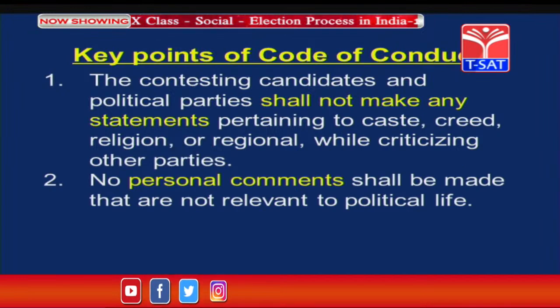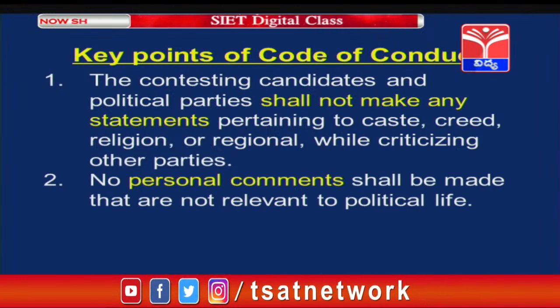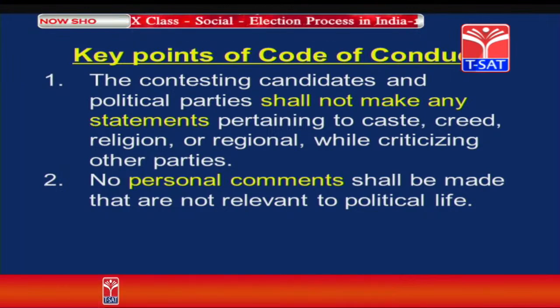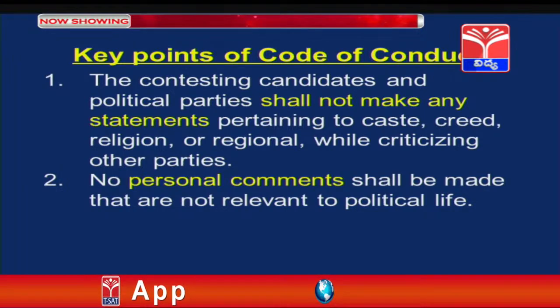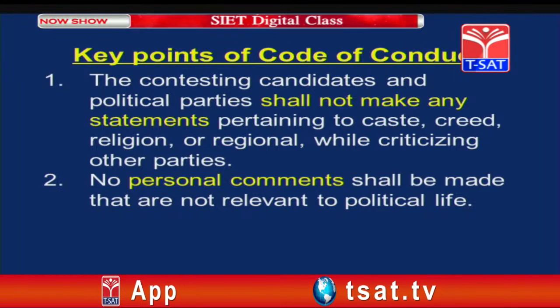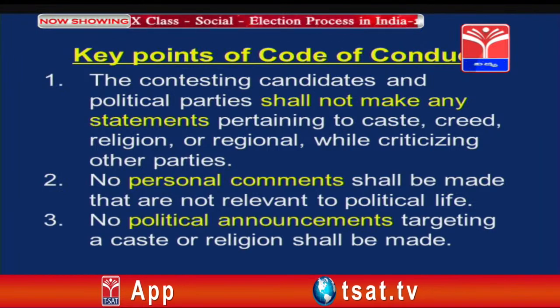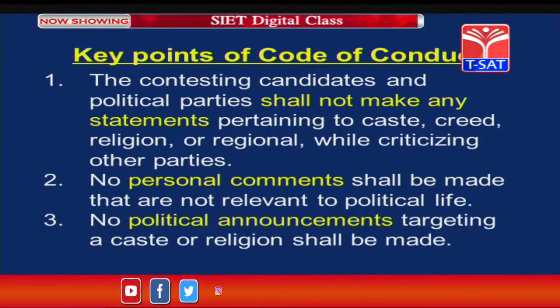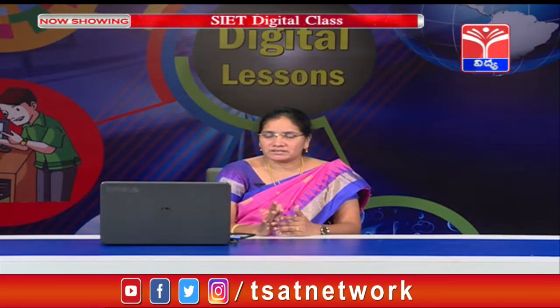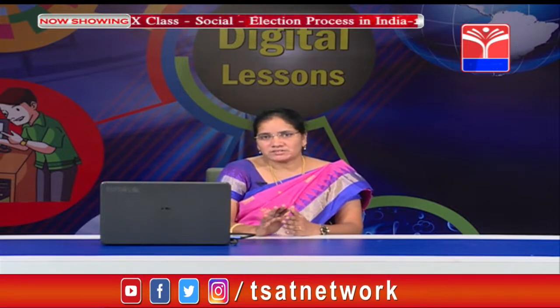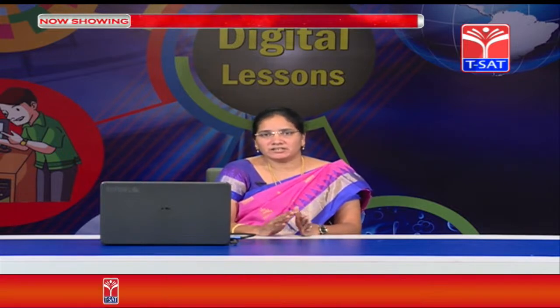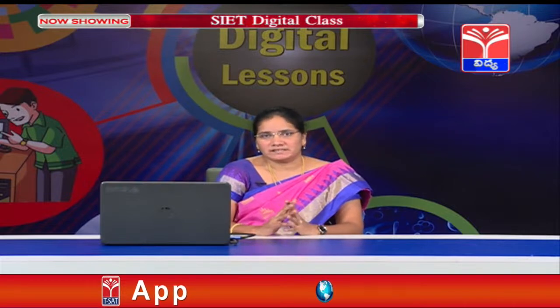And no personal comments shall be made that are not relevant to political life. So, the political parties must not comment personally on any individual, and no political announcements targeting a caste or a religion shall be made. So, they should not make any announcements particularly relating to any caste or religion.